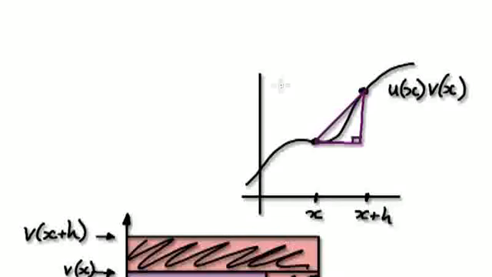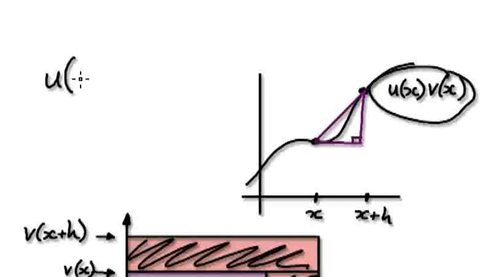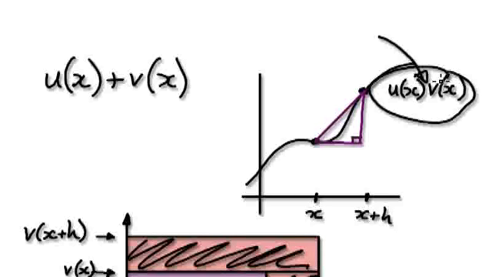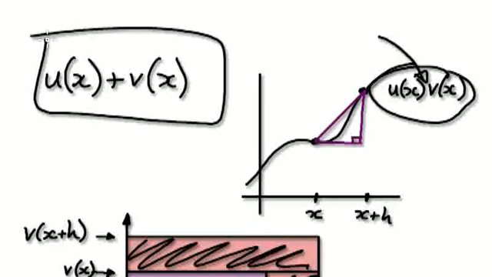Okay, the moral of this video is that just understand that this is a lot more complicated than this here. Differentiating the product of the two parts is a lot more complicated than differentiating the sum of two parts.